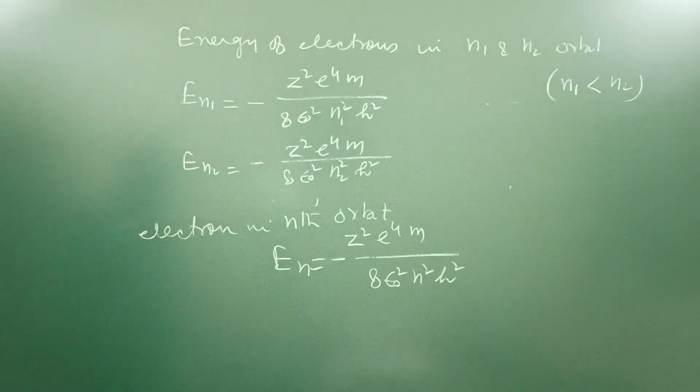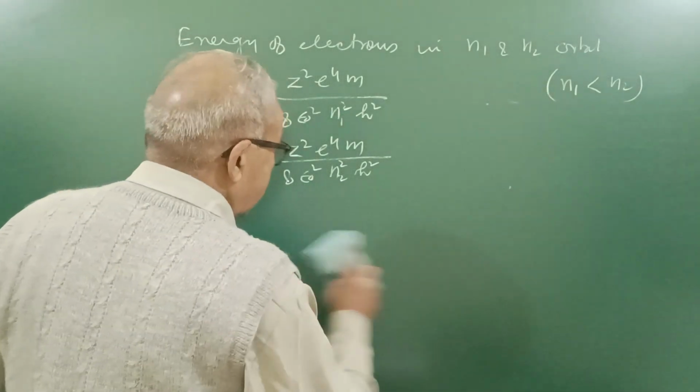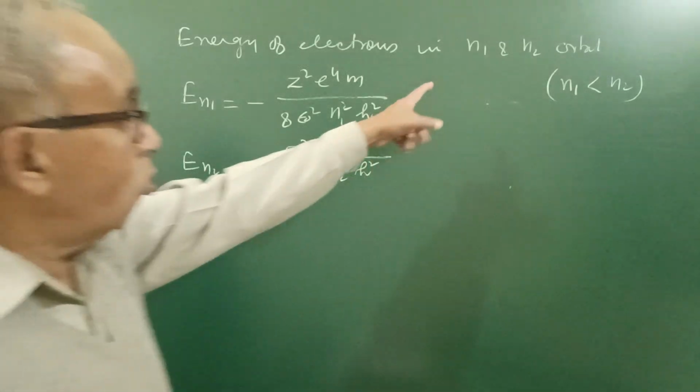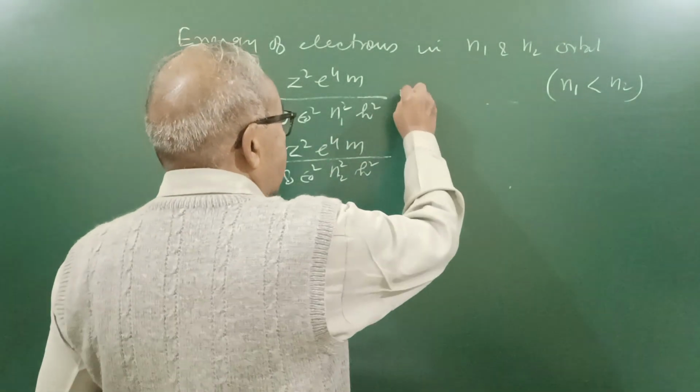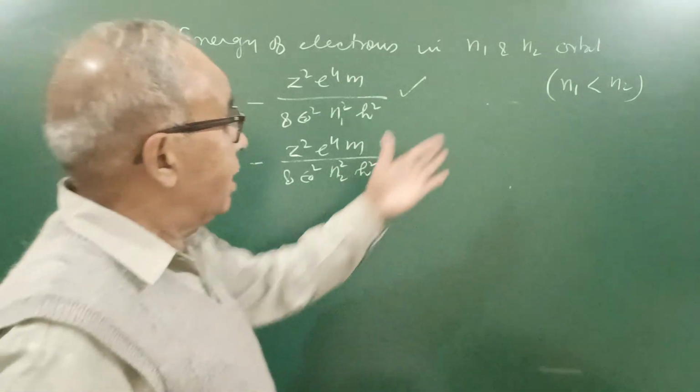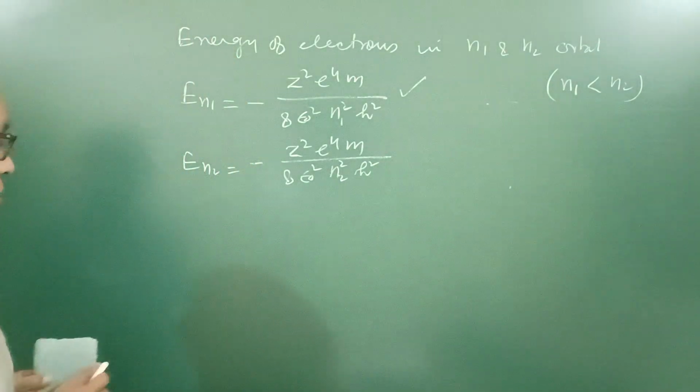So these are the values of energy of the electron. If the electron is present in the n1 orbit, this is the value of energy. If the electron goes to the n2 orbit, then it is this.